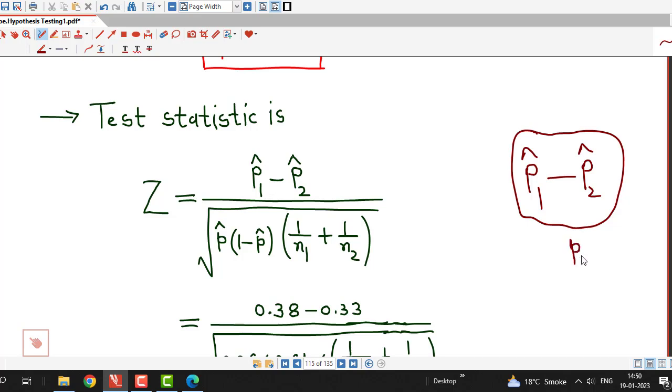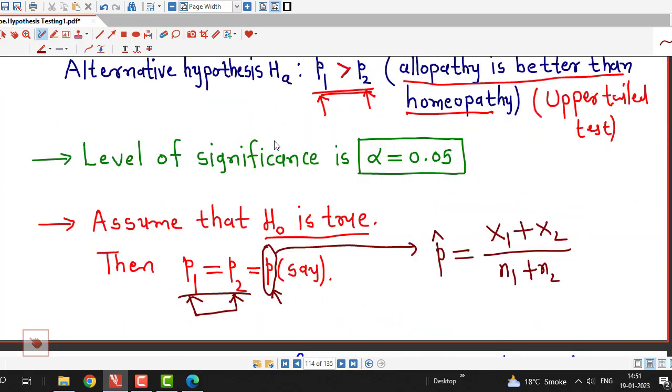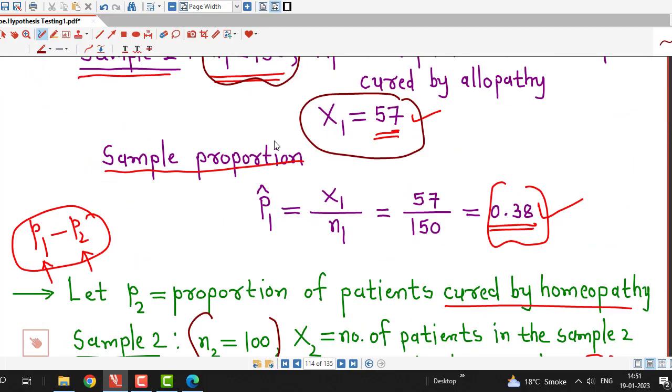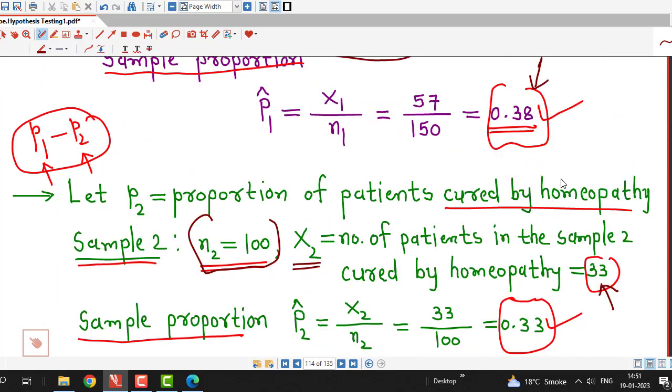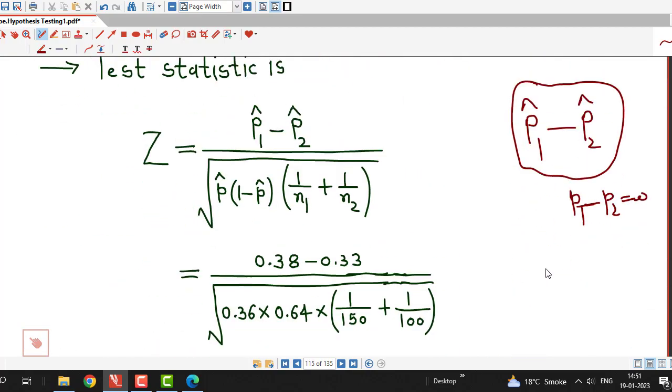And because we have assumed that p1 minus p2 equal to 0, here we have Z equal to p1 hat minus p2 hat divided by square root of p hat times 1 minus p hat times 1 over n1 plus 1 over n2. We have already obtained these values, sample proportions 0.38 and 0.33, so that we have substituted here 0.38, 0.33.